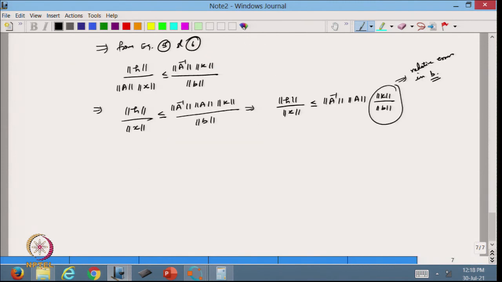So it is the relative error in b with respect to b. This is the relative error in x. Now after doing this one, we found a new thing here, because this is the magnification factor.